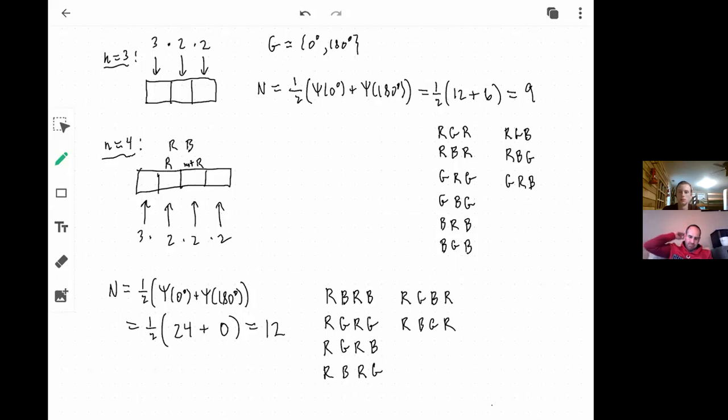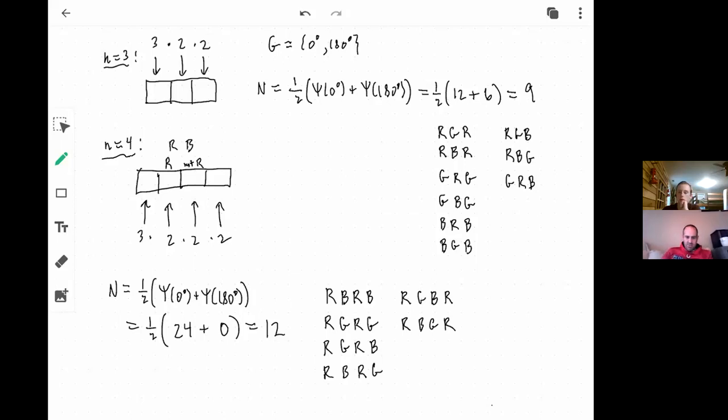Do we need to worry about the possibility of rotation when we're counting these? So that if we have the opposite ordering of something, it can give us something else that we already wrote down. Yes, we do need to worry about that, but that's why I put red in positions 1 and 3. There's no way, right?